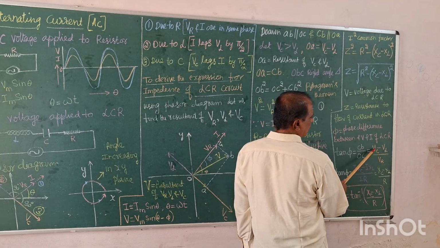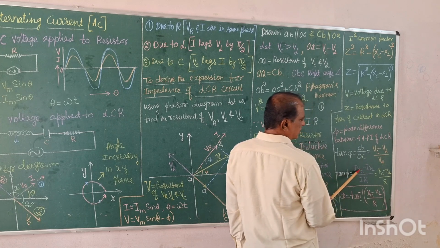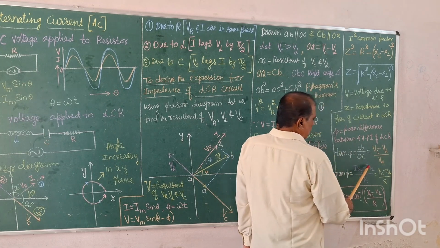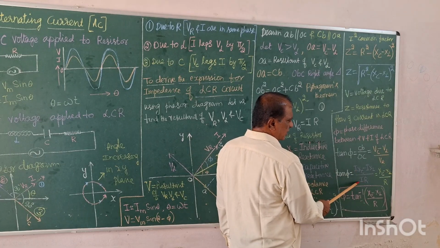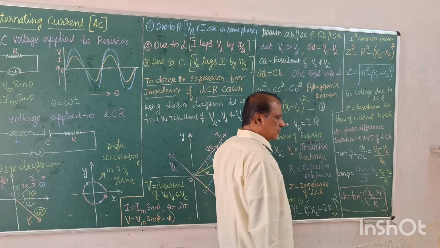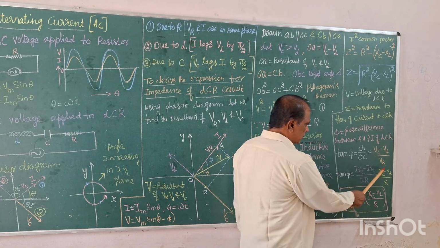And substitute for these voltages in terms of current and the corresponding resistances, similar to the previous one. I is common, take out the common factor, and I gets cancelled. Remaining is this. Look at this. What is phi finally? So phi is the inverse of this function.